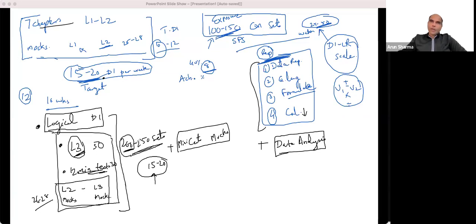You continue going that way. In logical DI, with the exposure of 200 questions, even if you're only able to solve 100 of them and 100 were not solved, the exposure will help you come back to those sets and solve some of them again.